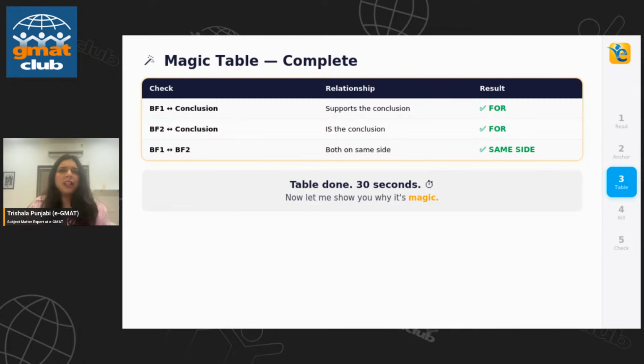The argument is always going to agree with the conclusion because the conclusion is like the pinnacle. Everything in the argument is leading up to that main conclusion. So out of the two boldfaces, usually there will be certain things where it will either be for the argument or against the argument. And a very simple way to find whether it's for or against the argument is figuring out if it is for or against the conclusion.